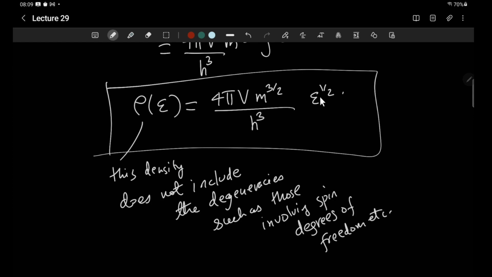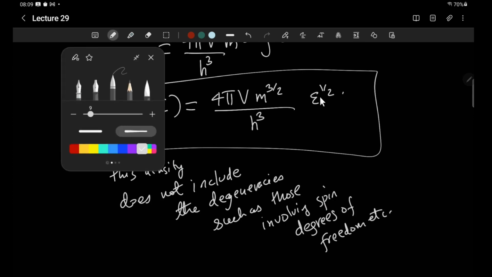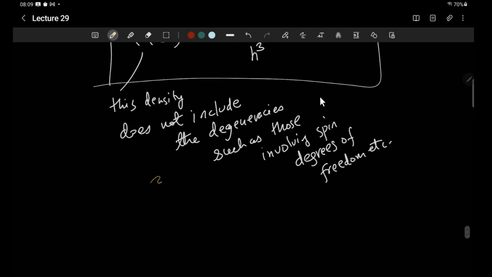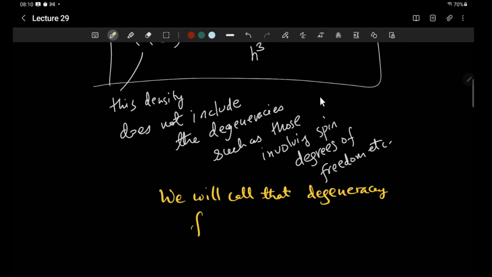There might be others also. What we will do is call that G. So it will be an overall multiplicative factor.